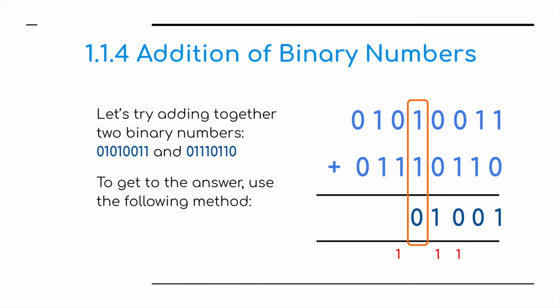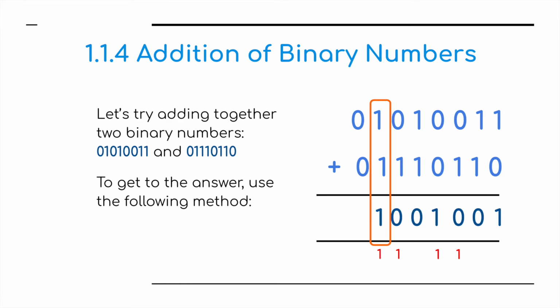1 plus 1 again. 0, carry the 1. 1 plus 1 again, 0, carry the 1, and now we've got the final rule. 1 plus 1 plus 1 obviously equals 3, so that's 1 lot of 1 and 1 lot of 2 that we carry over, and we can put this into the final column to get the answer 1 1 0 0 1 0 0 1.